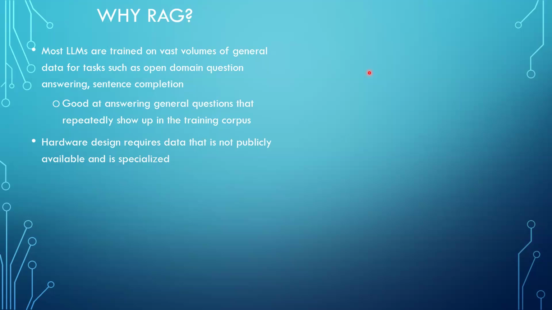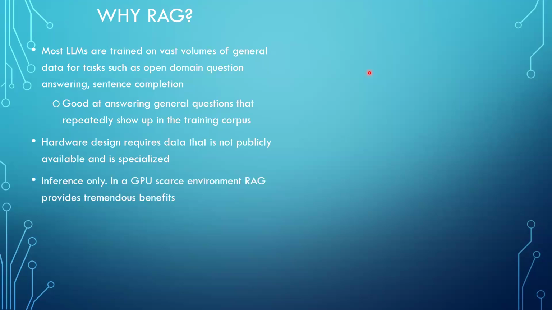Maybe you have some proprietary information of your own that you don't want to share in the public domain. These questions most likely will not be answerable by the large language model itself. So you won't have very specialized information that the LLM can answer Q&A on.